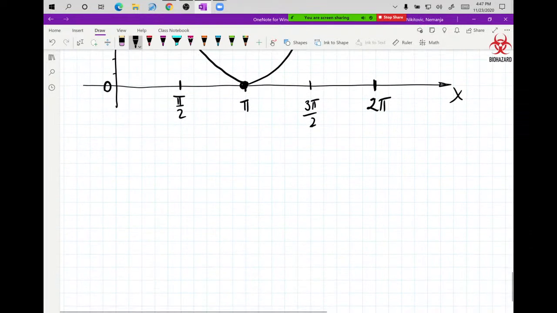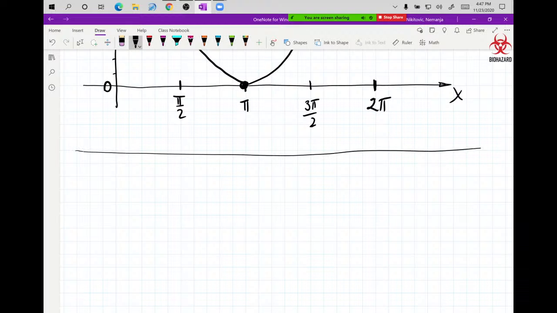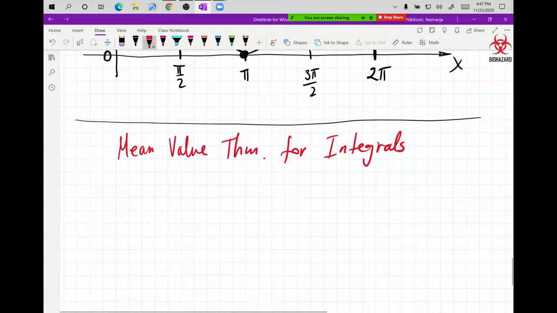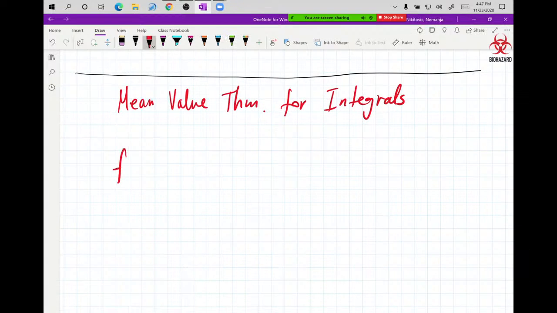All right, so those are the two problems that we did for average value, and now I'm just going to rewrite average value in terms of the mean value theorem for integrals. And that one simply says f of c is actually equal to the same integral.